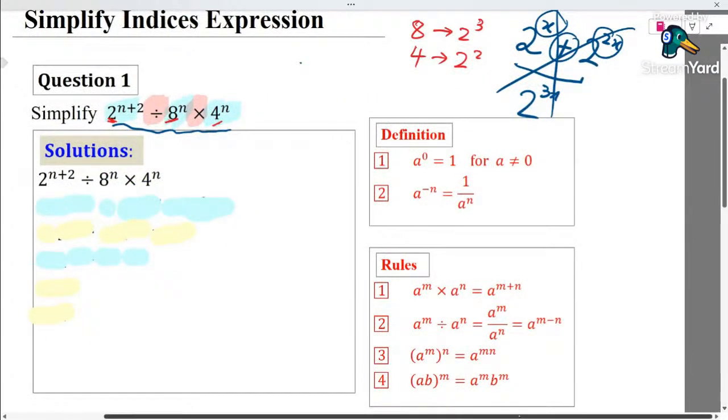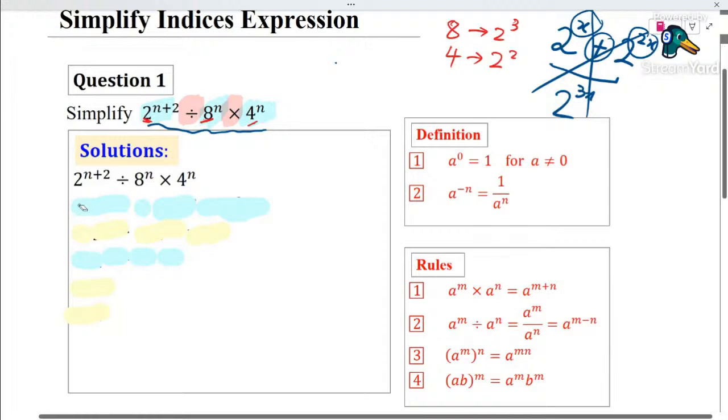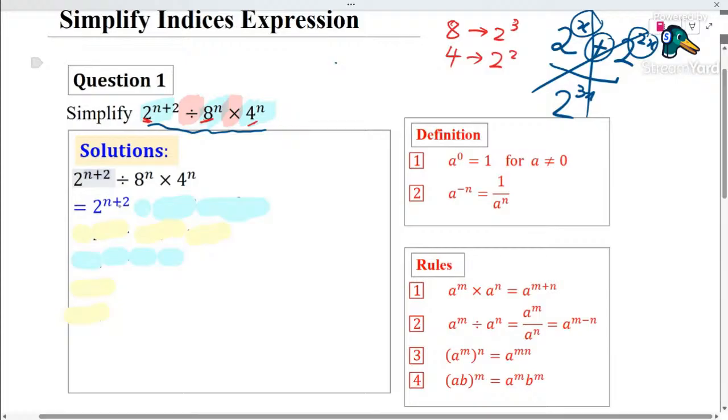So I would like to change them to the same base. Here, I would like to convert the 8 and also the 4 to base 2. As a result, what I have is the next line. The first term, 2 to the power of n plus 2, there's no change happening. Copy back. Divide.